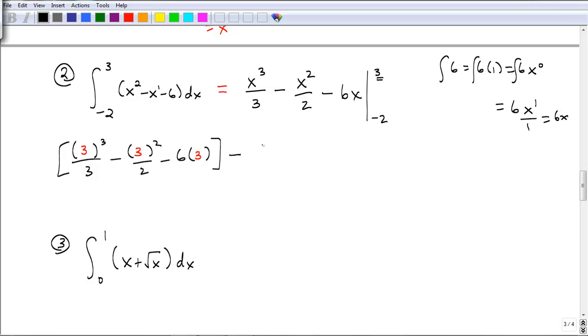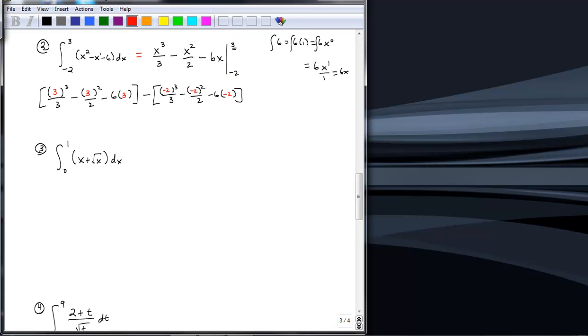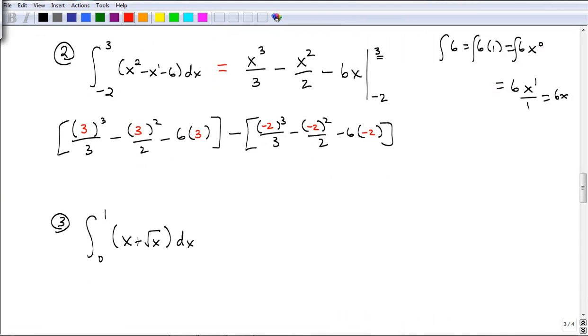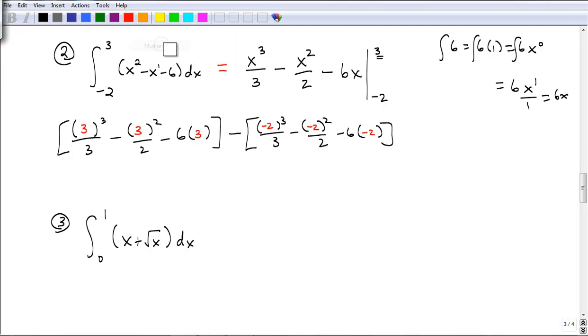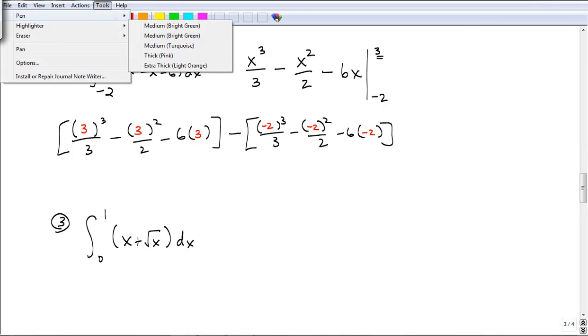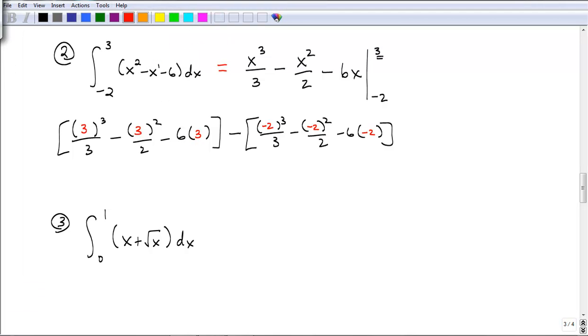And then I'm going to subtract from that what I get if I put in the number negative 2, where the x's are.